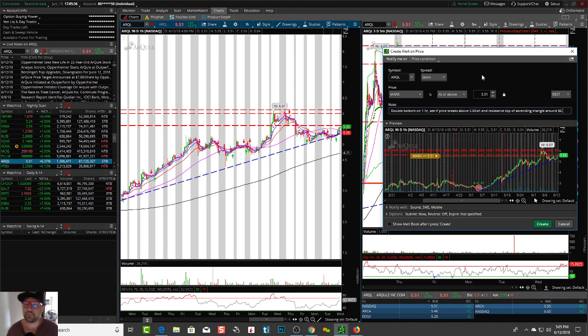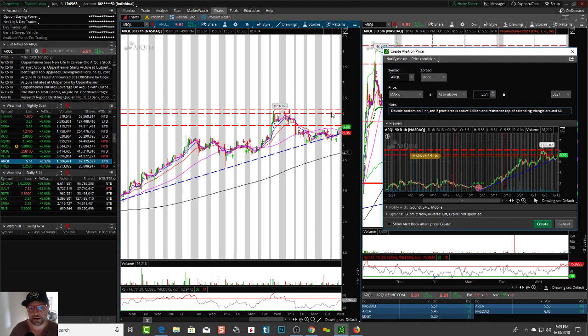You guys see that? Double bottom on the hourly. Want to get above that 560-ish area. Resistance between 6 and 607, which is the top of the ascending triangle. Bullish pattern within an overall bullish pattern.